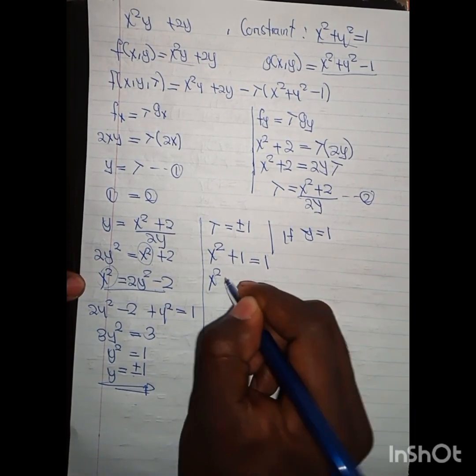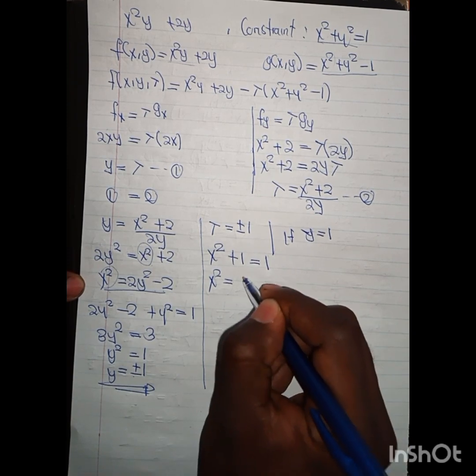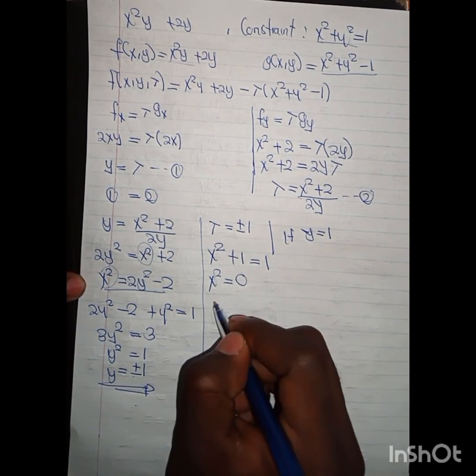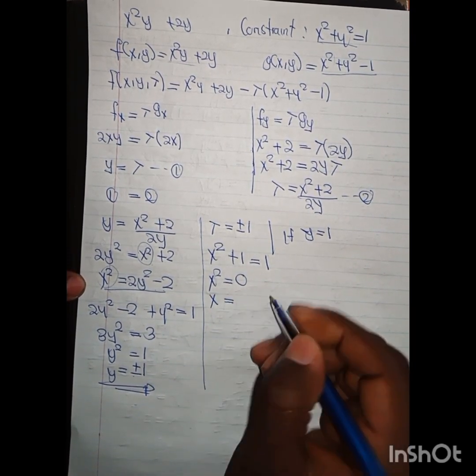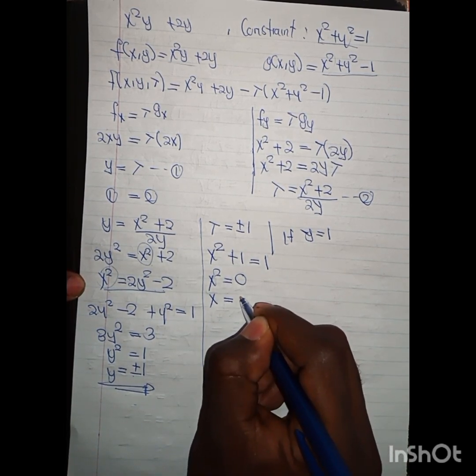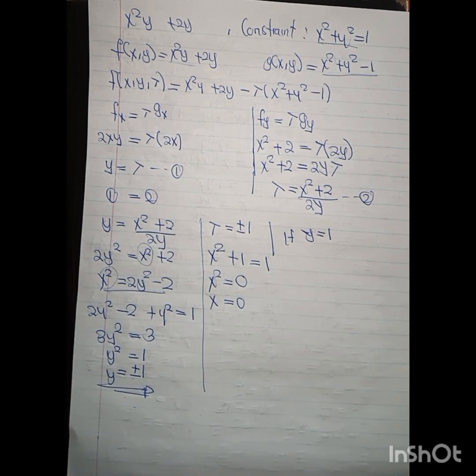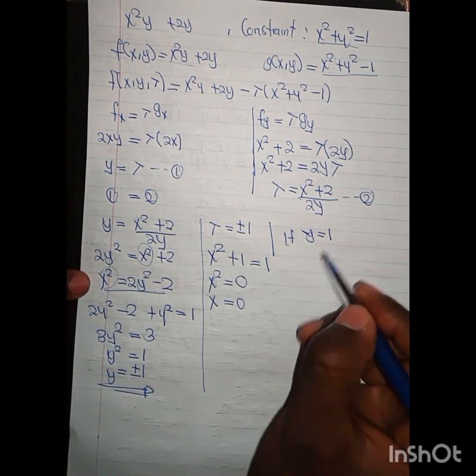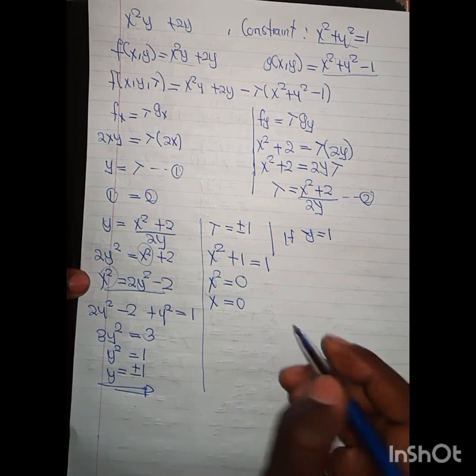So x squared is equal to 1 minus 1, which is 0. Then it means the value of x is 0. So if y is positive 1, x is 0.